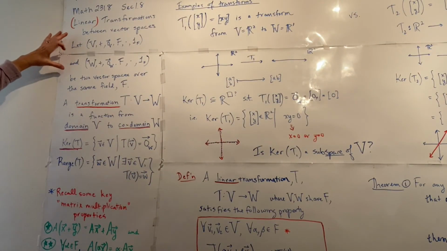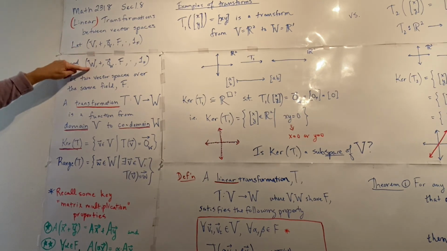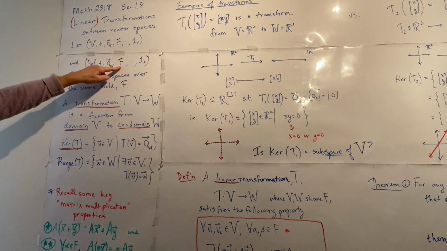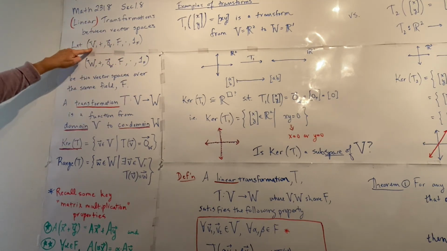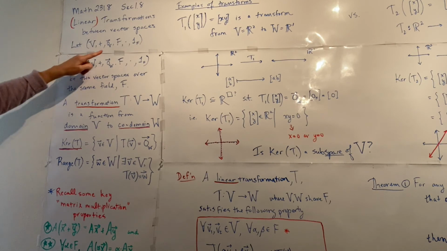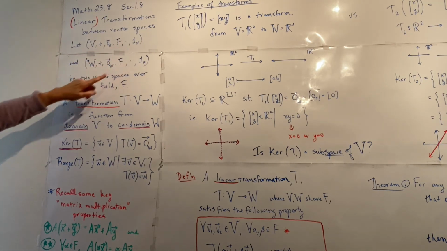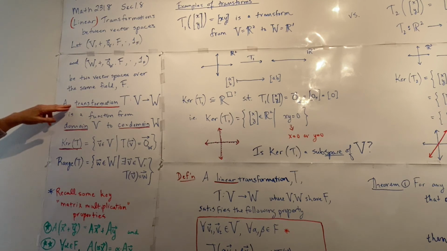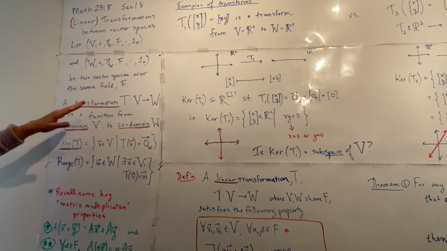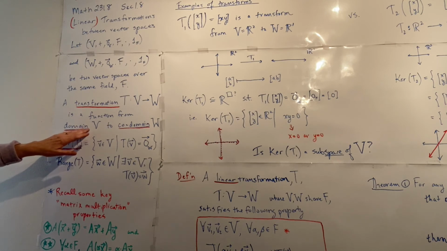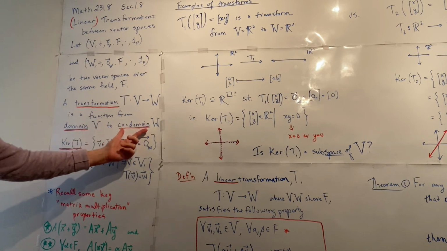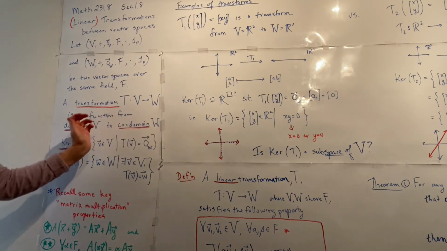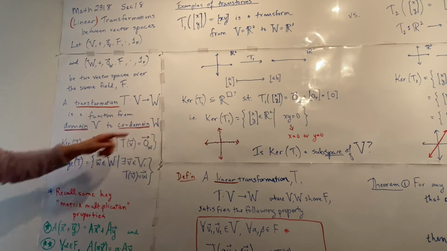To have a transformation between two vector spaces, you need two vector spaces, V and W, but they have to be over the same underlying field, F. In those examples, V was R2, W was R1, and the underlying field was just the set of real numbers. A transformation is a function from the vector space V to the vector space W. We call V the domain, and the one it's mapping into is called the codomain.